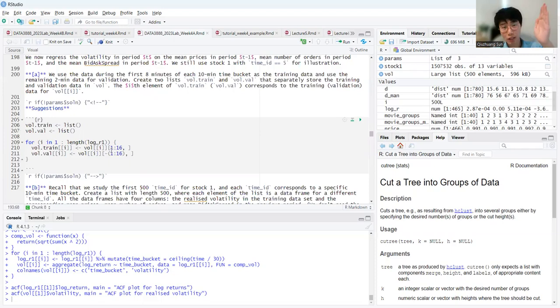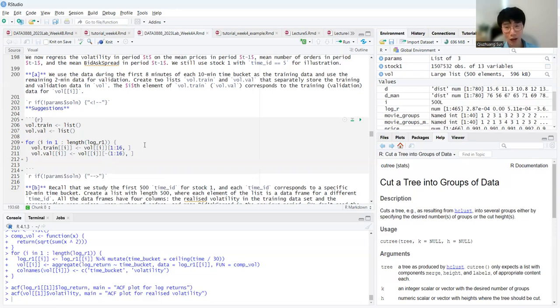Say I predict the realized volatility at time t as a linear function of the mean prices at time t-1, the mean number of orders at time t-1, and the mean bid-ask spread at time t-1, then I have a linear regression model. I believe these three covariates will affect the realized volatility in the next period. Then I just compute the corresponding coefficients of these linear regression models.